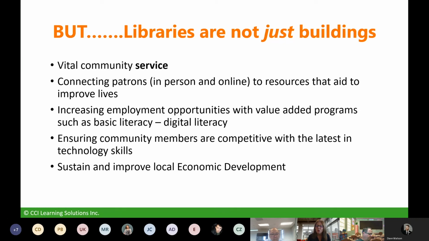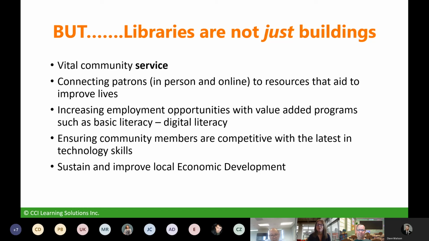They can increase employment opportunities with value-added programs, whether it be basic literacy or digital literacy. And one of the things I find most ironic is that every time I visited a library, very often when I was young, you would hear, shh, shh. And yet the libraries have such a powerful community voice.